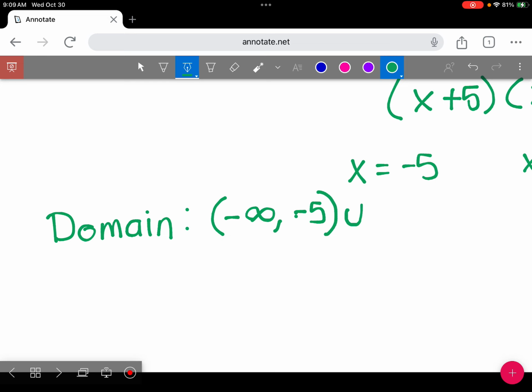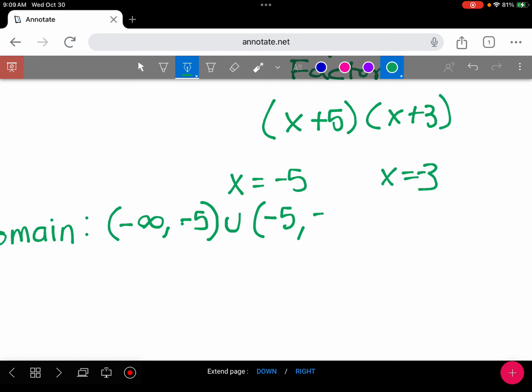And we put our union from negative 5 to negative 3, parentheses, and from negative 3 to infinity. So that's how we can say it is everything from negative infinity to positive infinity except for those two values. We've got to jump over those two. Okay? So our domain comes from where our denominator equals 0.